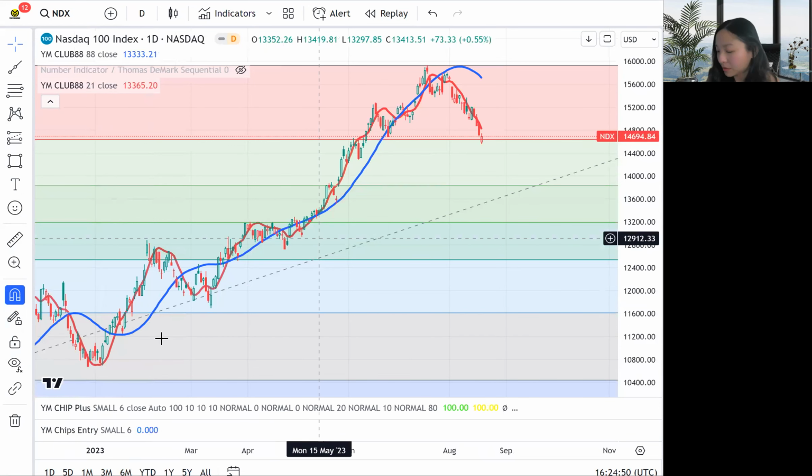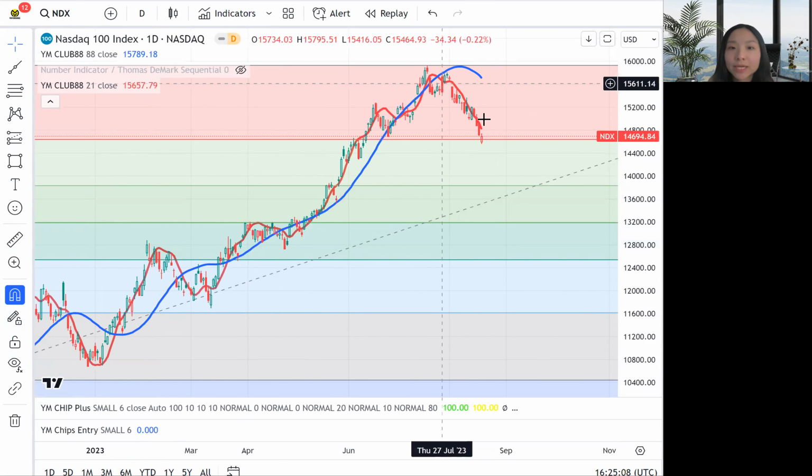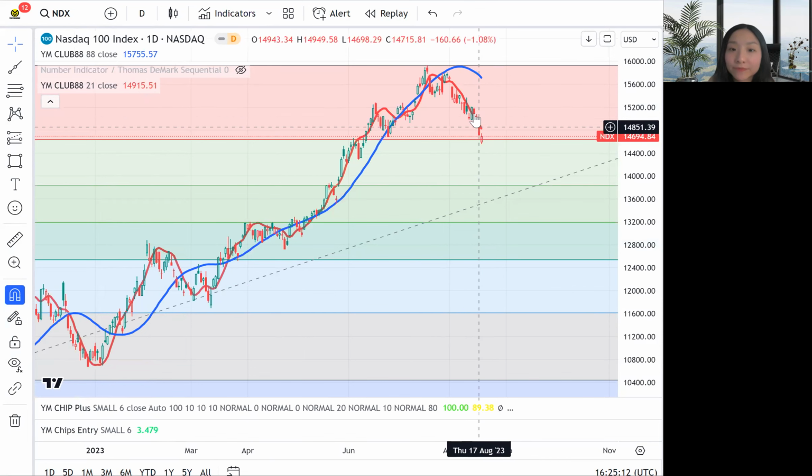Again, most of the stocks have entered the oversold signal. You can check the RSI, but it's not yet confirmed that it has finished the job. So we need to look at this indicator very closely to see if the red line is turning upward, and if the price is going above the red line as well.